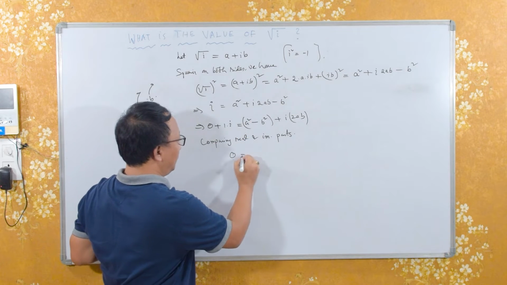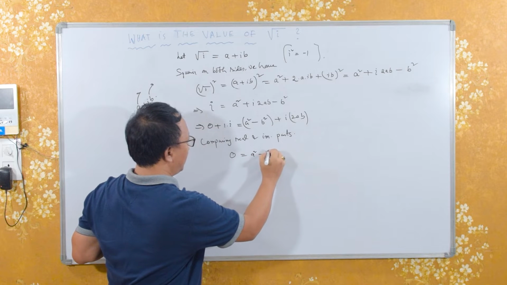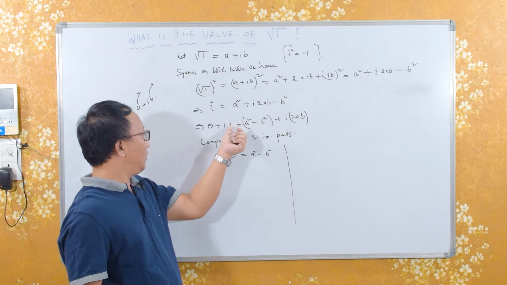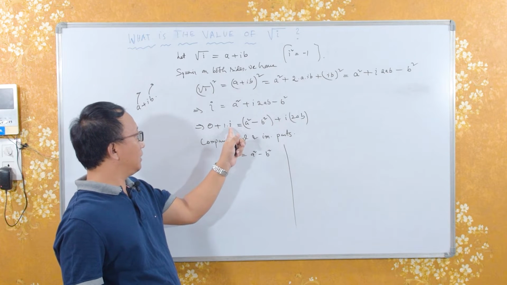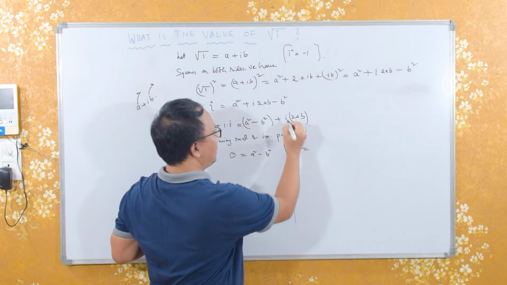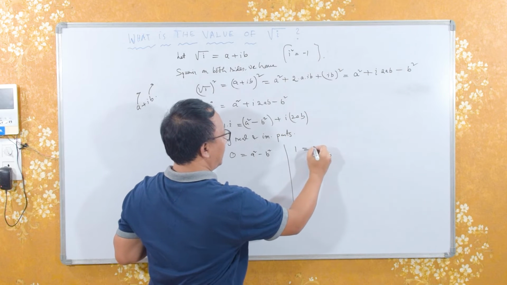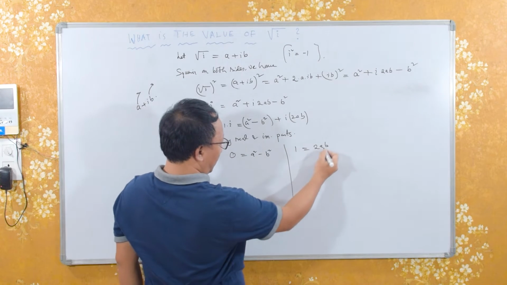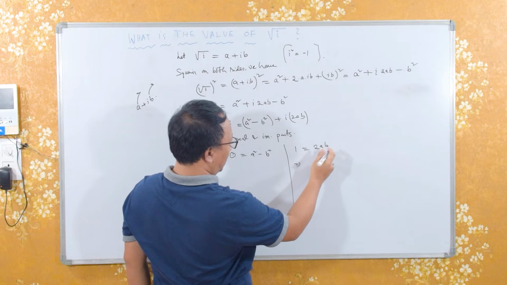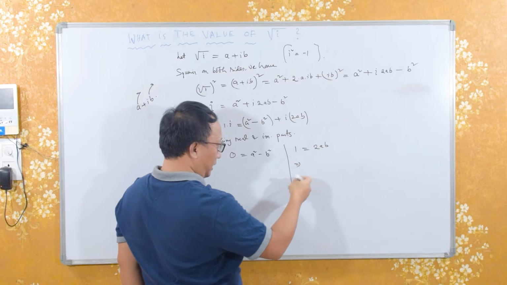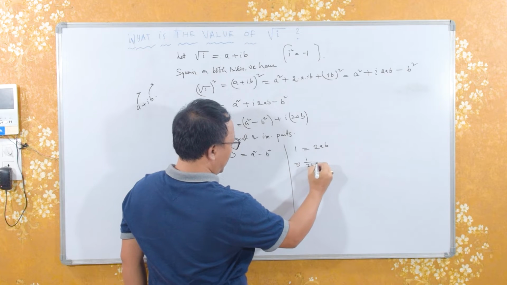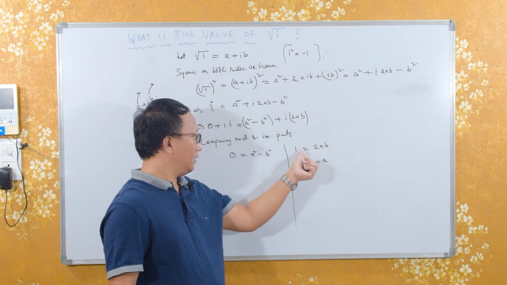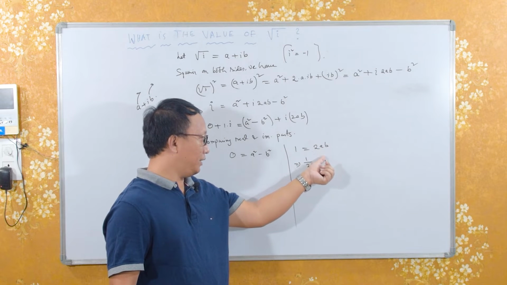Therefore 0 = a² − b². On the other hand, the part associated with i on the left hand side is 1, so 1 = 2ab on the right hand side. From here I can send 2b down: a = 1/(2b).